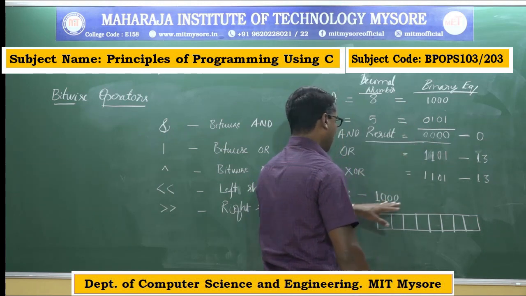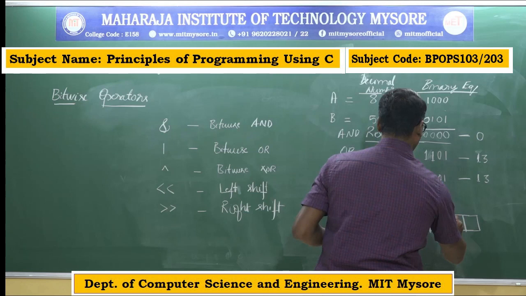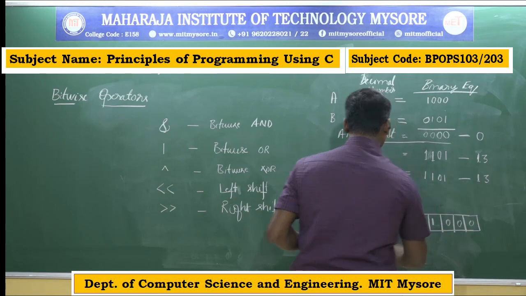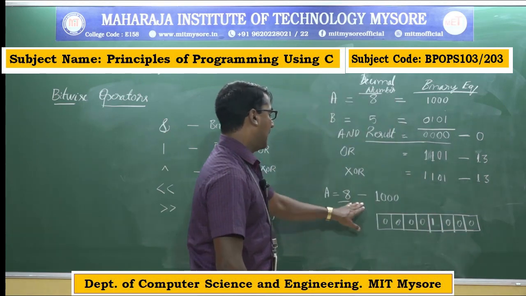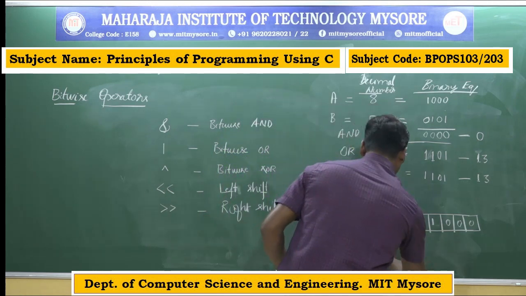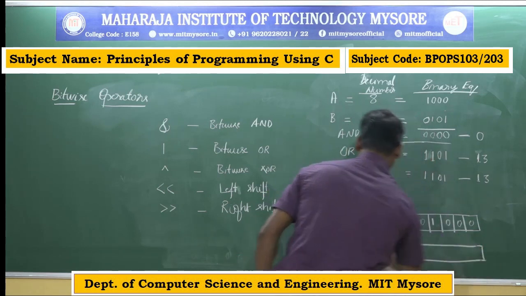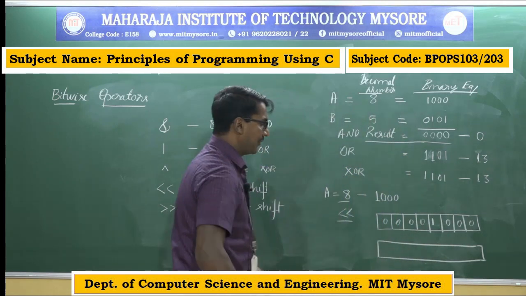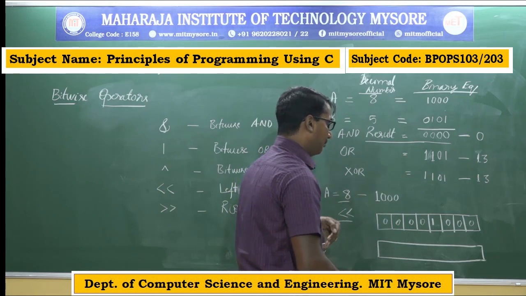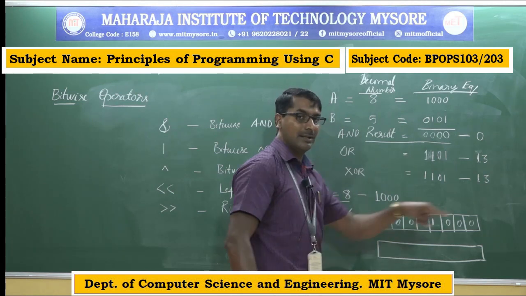Now for the shift operation I represent this as 8 bits. So the value of 8 is 0 0 0 0 1 0 0 0. Now I'll perform the left shift operation. In the left shift operation, the value is shifted towards the left by removing the leftmost bit and appending 0 at the end of the value.